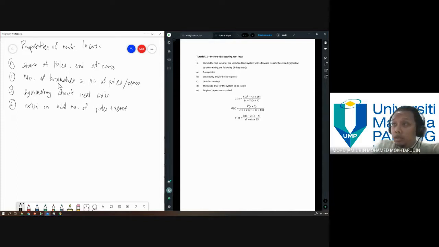Okay, so rule number 5 will be about the JW axis crossing. So this one you need to use Routh-Hurwitz. Rule number 6 is asymptote.